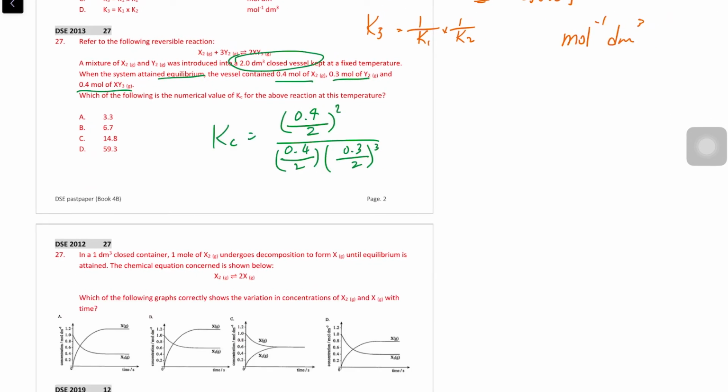Let's see. Yes, 0.2 to the all square, 0.2, 0.15 to the cube. Cross out. Use our calculator. It's 59.3. Very good. This is D.